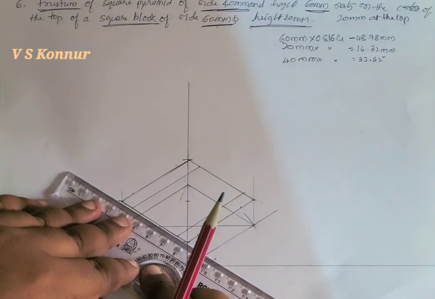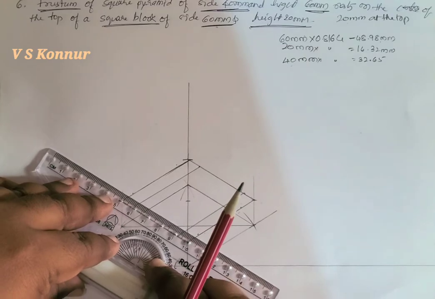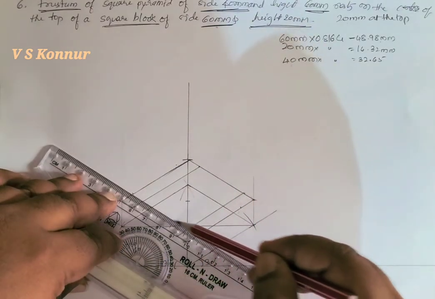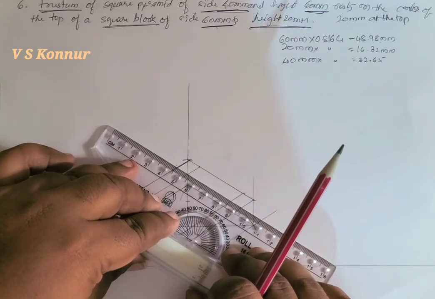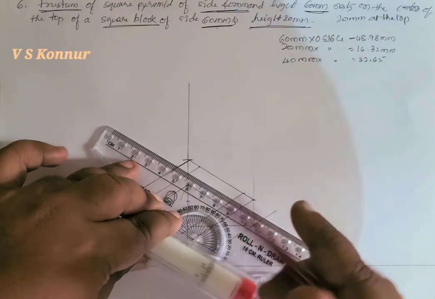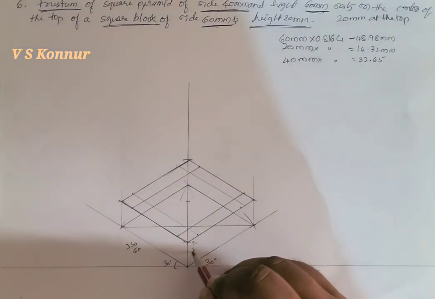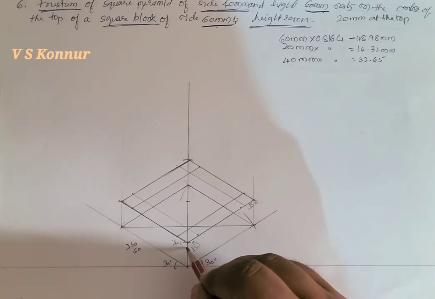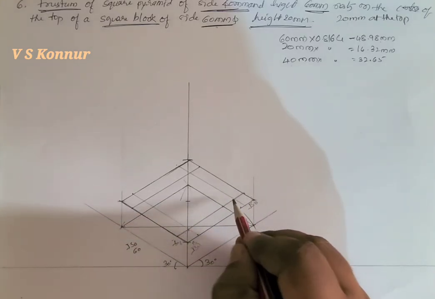Now we got this isometric 8, and this is also isometric 8. On all sides we have taken isometric 8, because the total is isometric 60 and inside we need isometric 40. If you remove 8 on either side, you will get isometric 40.